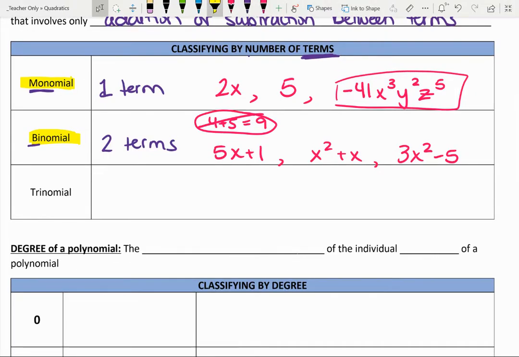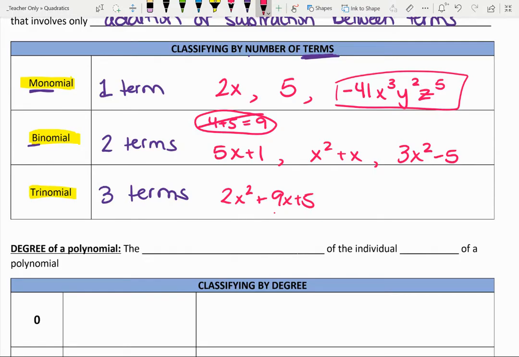Another way to classify this is if we have three terms, a trinomial. It doesn't really matter what the variables, coefficients, constants are, as long as they're not like terms and there's three pieces. Like 2x squared plus 9x plus 5.